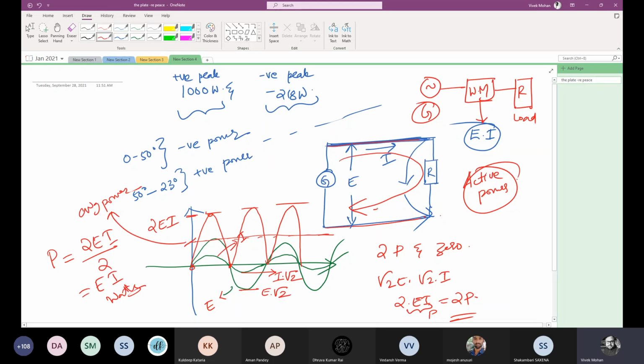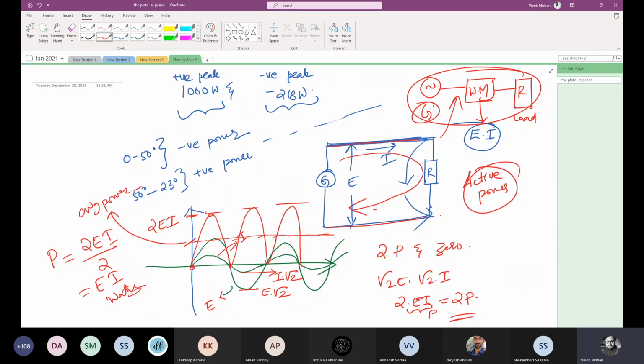But unlike the current flow, the power does not flow down one conductor and return on the other. Power flows over both the conductors. That is why we can represent power flow by a single line also, like this. It is carried by both the conductors from the source to the load.